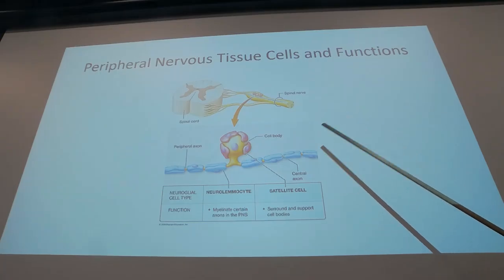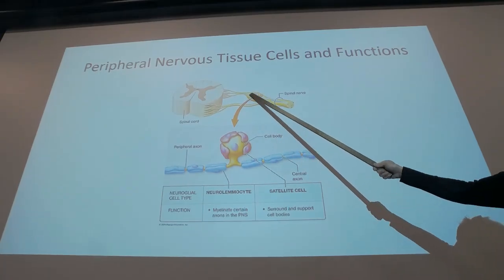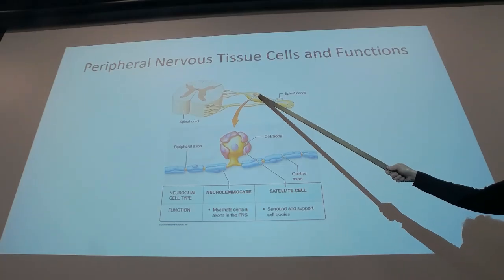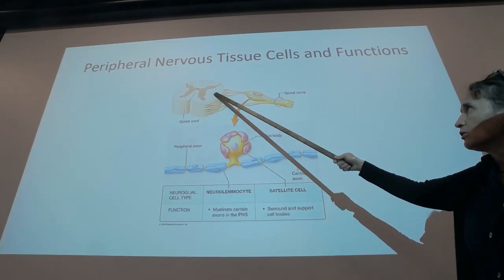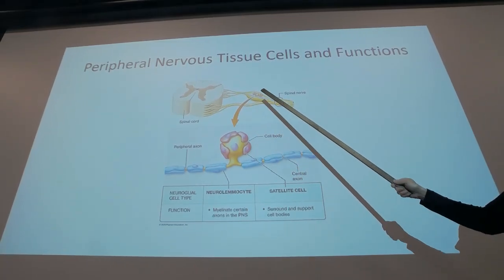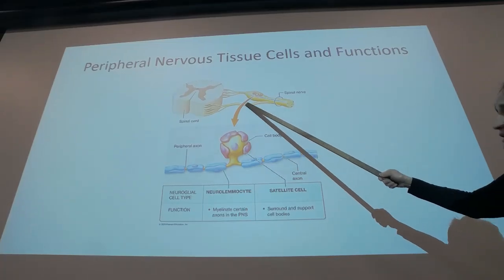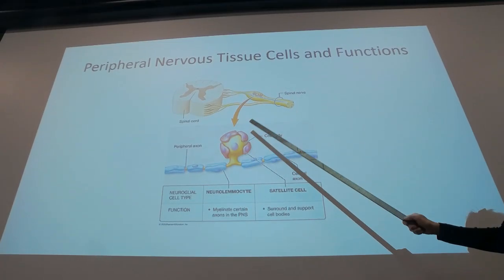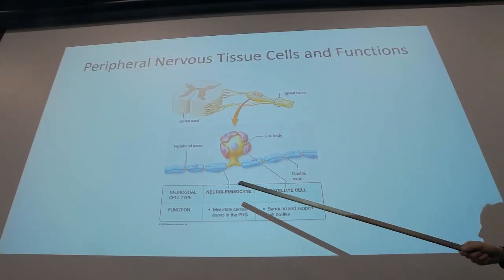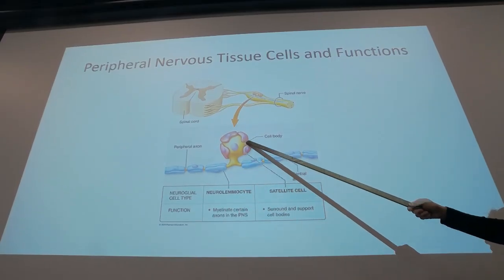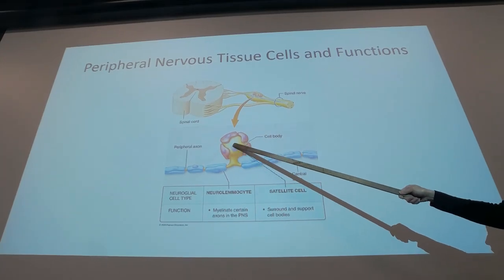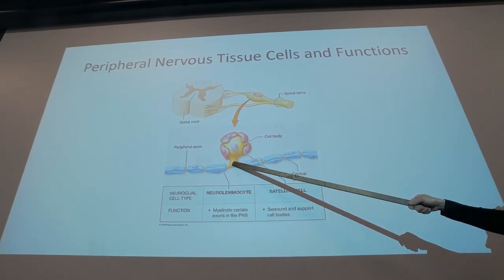So here we have a PNS sample from the ganglion, specifically the dorsal root ganglion, that's how it's called. This is the spinal cord, this is the spinal nerve. So this is the sensory root, this is the motor root. If you magnify this, you will be able to see these peripheral cells surrounding the body of this sensory neuron.